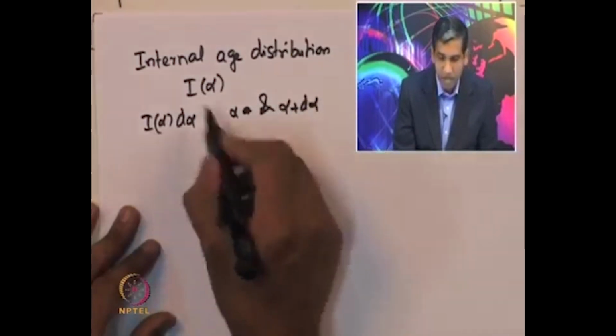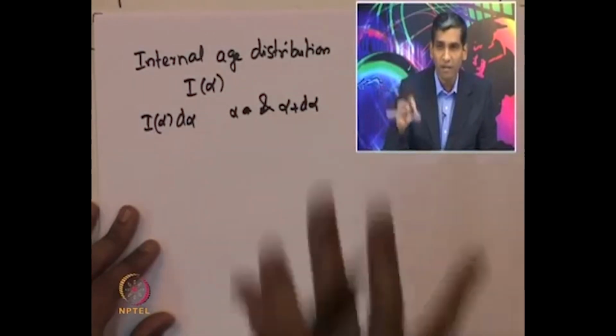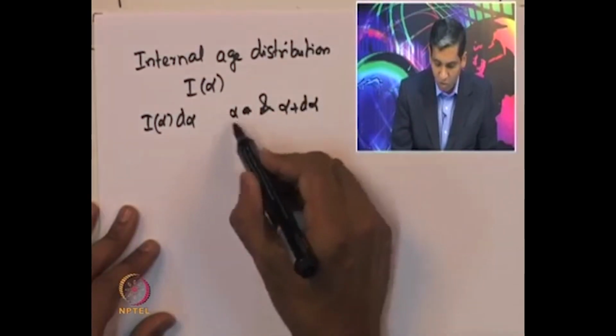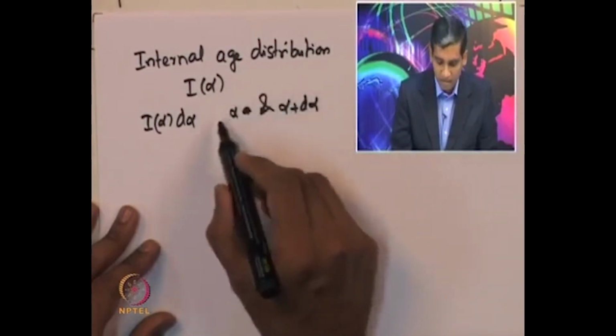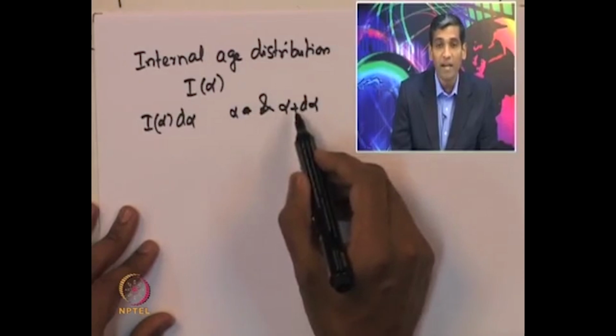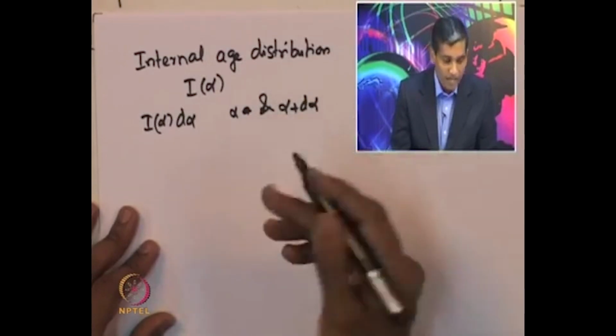So, that represents the fraction of the material residing inside the reactor whose period of residing lies between alpha and alpha plus d alpha, in that small interval.